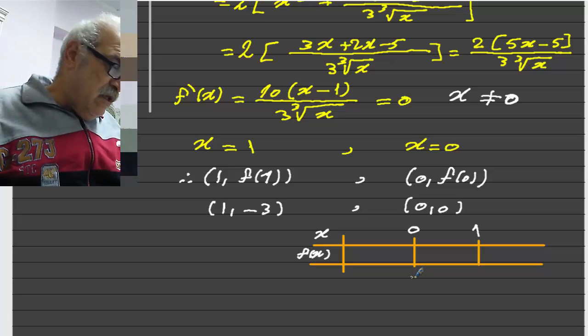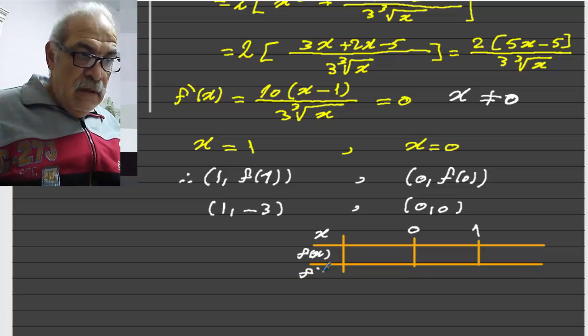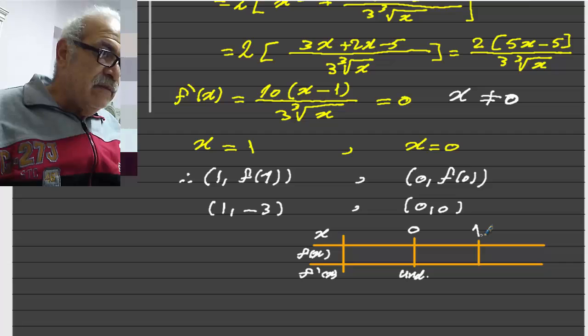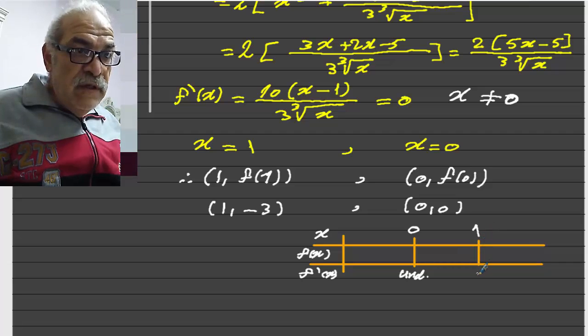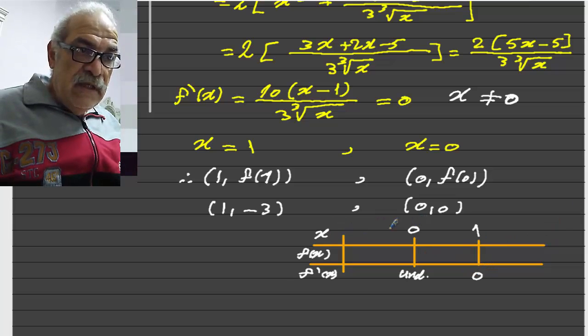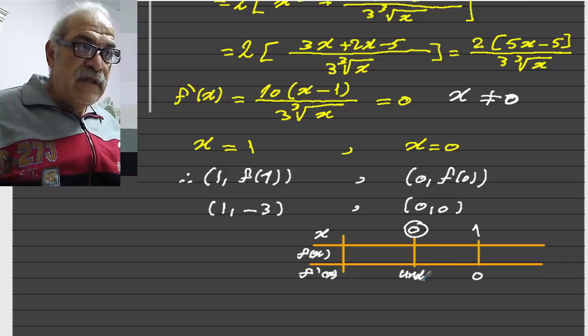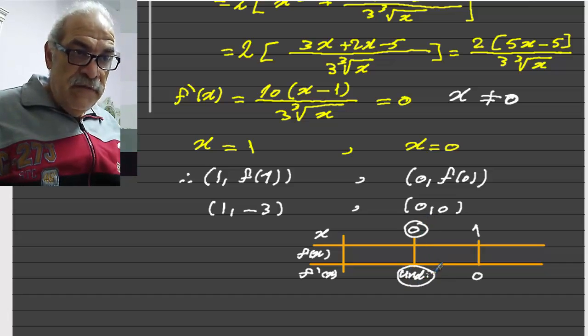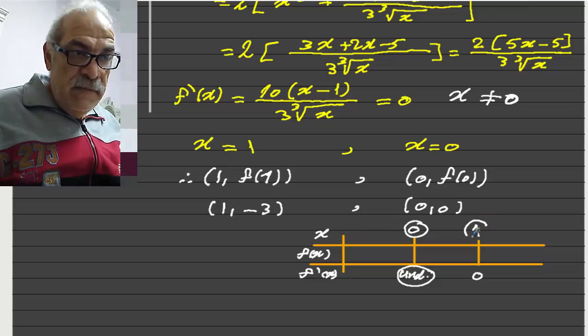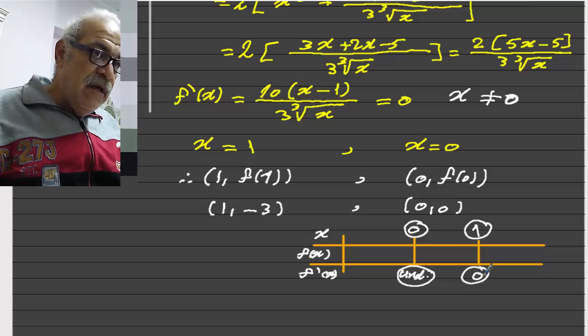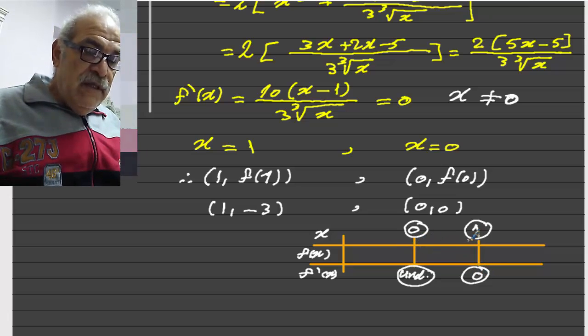When x equals 0, f dash of x is undefined, and when x equals 1, f dash of 1 equals 0, and we check the sign about 0 and 1.